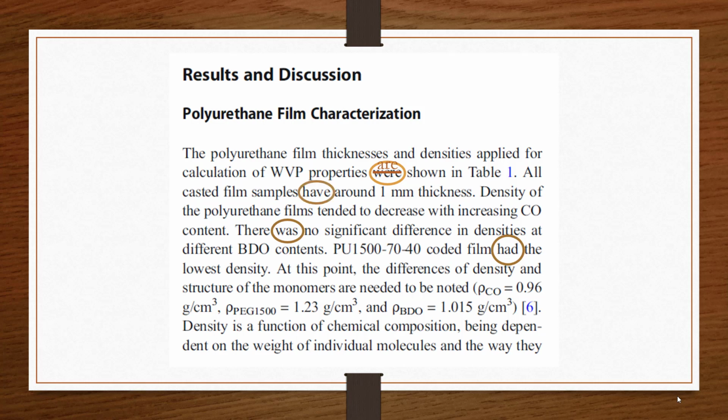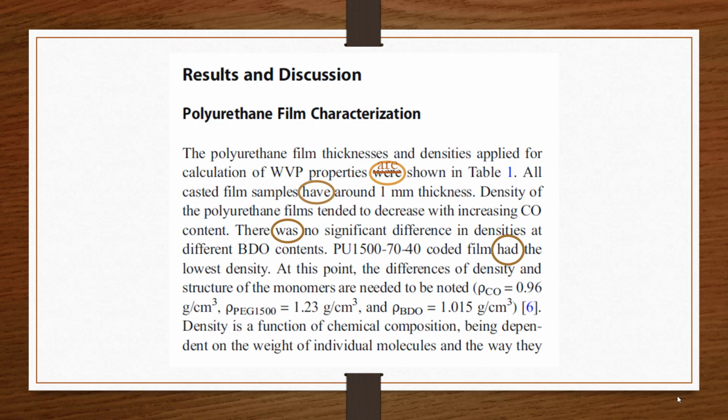Now, the next one is another interesting situation. All the casted film samples have around 1 millimeter thickness. That's in present tense. And you think, all right, that's logical. They were 1 millimeter thick when we started. Probably they're still 1 millimeter thick when they finish, so why not use present tense? That is logical.